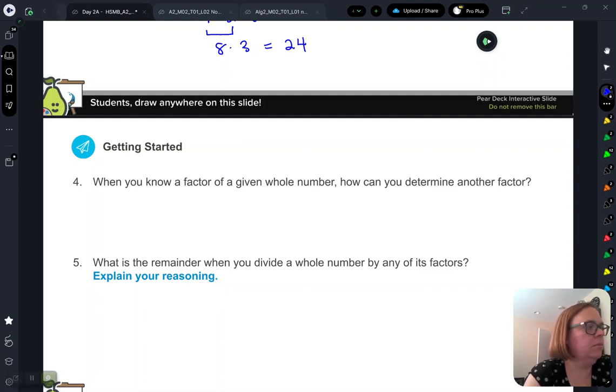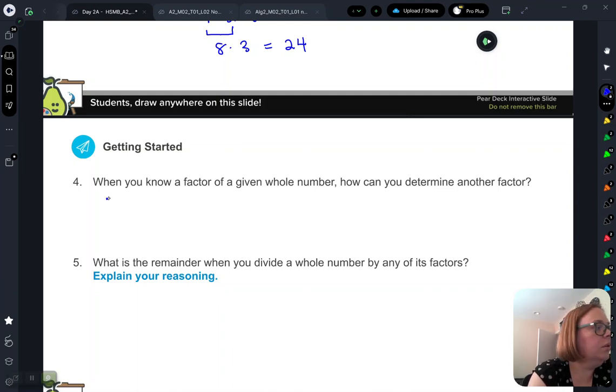What do you think? Did you think about dividing it? Because that's pretty much what you would do. You can divide the factor into the number.